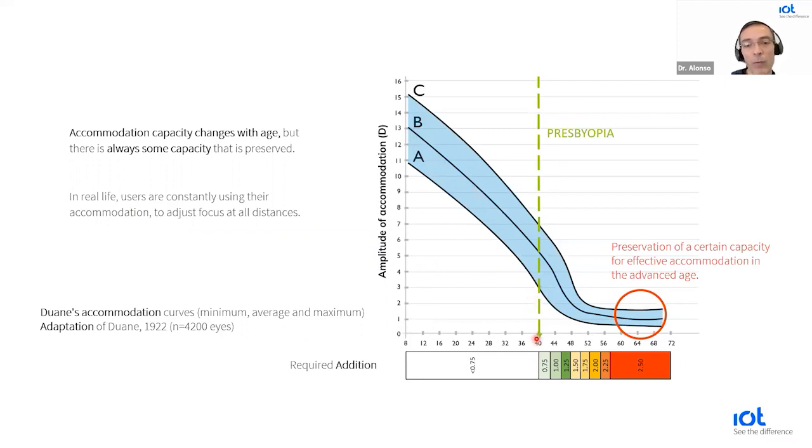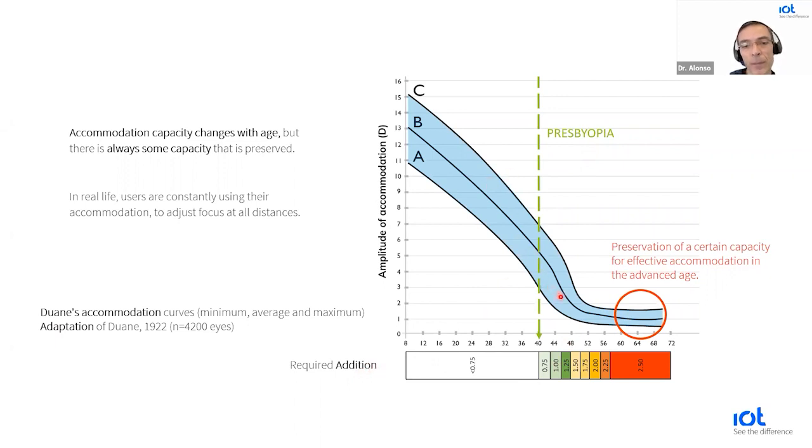Above 40 years of age, we enter a condition that is called presbyopia, in which accommodation is not enough to focus near objects for reading, for example, and then we need an external aid, typically what we call addition, on the lens in order to perform visual tasks at near distances.